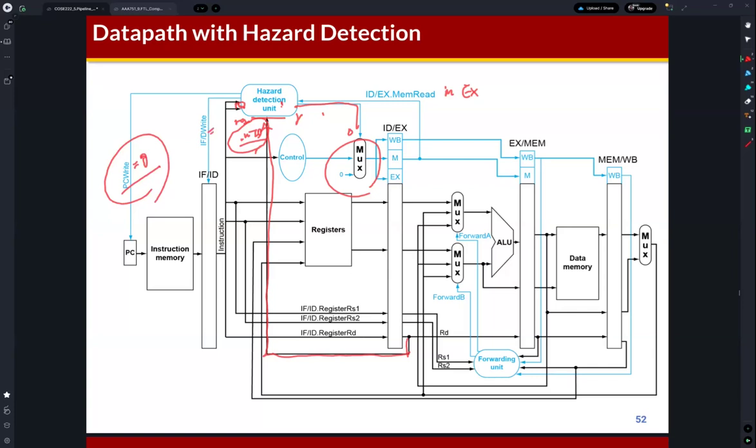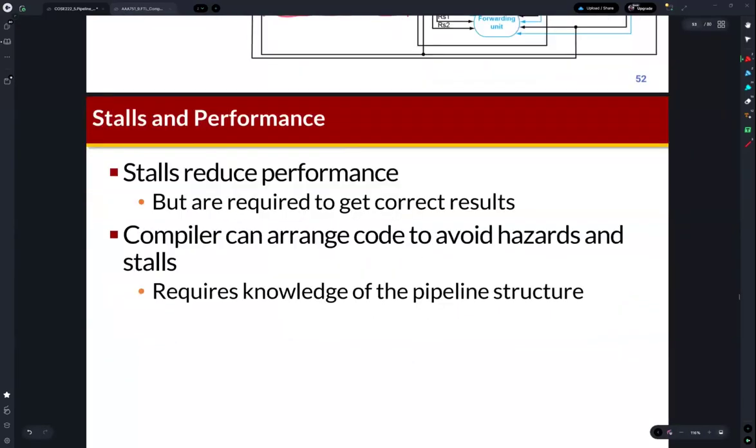And then the IF/ID write also becomes 0, because the instruction is not propagated. So we can just disable the propagation of the instruction, so the instruction fetch and ID stage pipeline register is also disabled. Okay, so this is the hazard detection in the pipeline CPU, right?